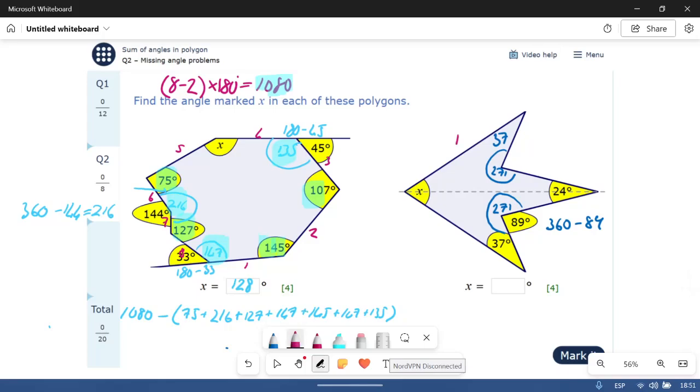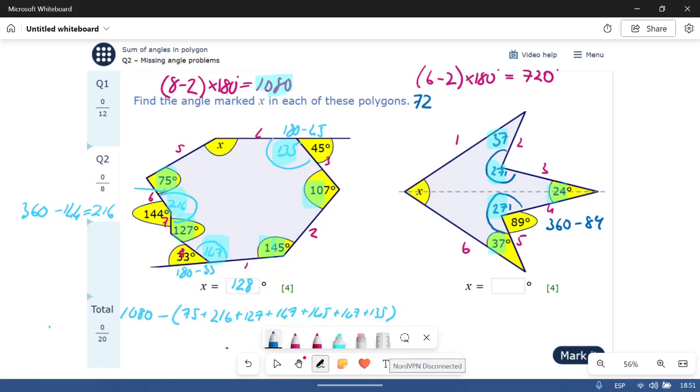Now, this shape has 1, 2, 3, 4, 5, 6 sides. So we do 6 minus 2 times 180, which is 4 times 180, which is 720. So we need to take all the interior angles, so it's all these angles, and subtract that from 720.